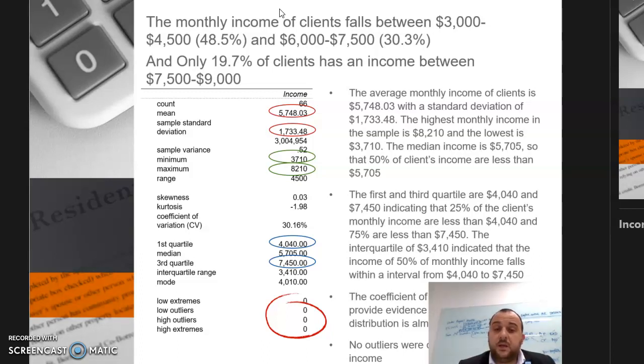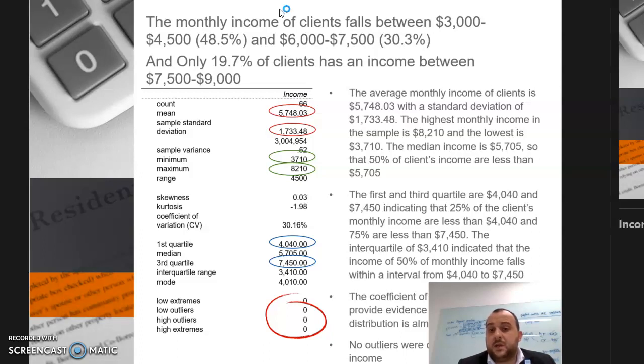I'm Samer Zani, and I will be presenting the second part of the presentation, discussing the quantitative analysis that we have conducted using numerical methods. Here on the slide, we will be discussing the income. The monthly income of the clients falls between 3,000 and 4,500 for 48.5% of them.